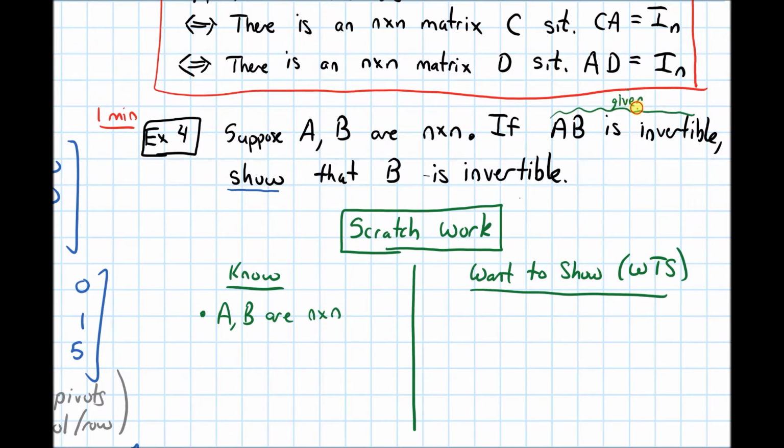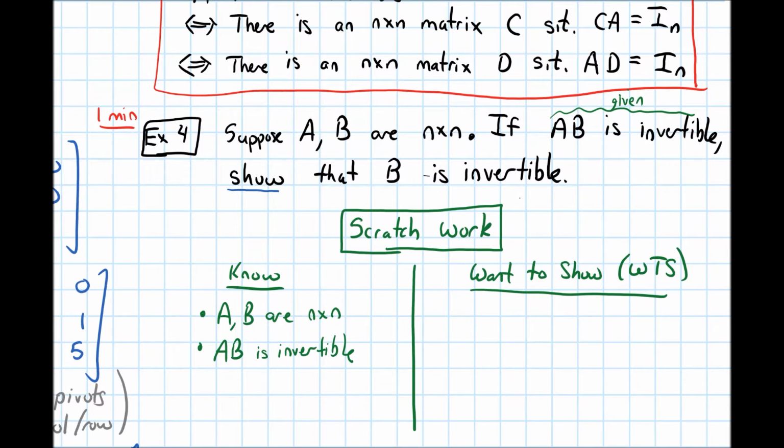So I want to assume that A times B is invertible. That is also something that I know. I'm assuming that A times B is invertible is true, and then using that to show that B is invertible.